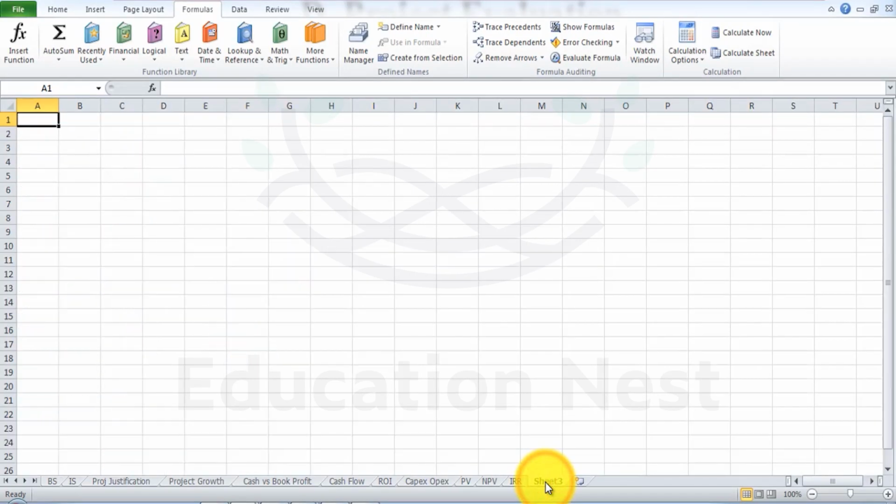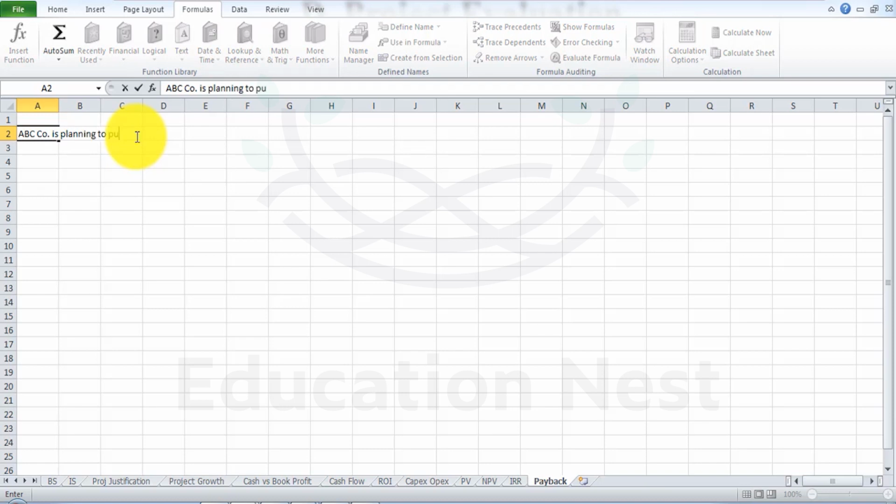So here we have an example on payback period. Let us say ABC company is planning to purchase a new machinery. The related details of the cash flow are as under.